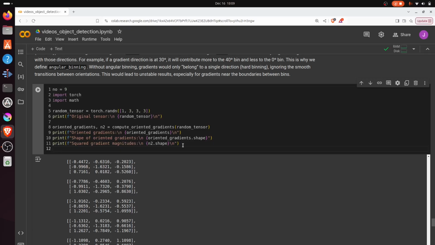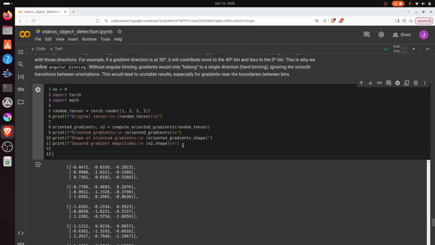But now what can we do? Well, we can start defining a new method. So let's define angular binding. What arguments or values are going to be taken by this method?